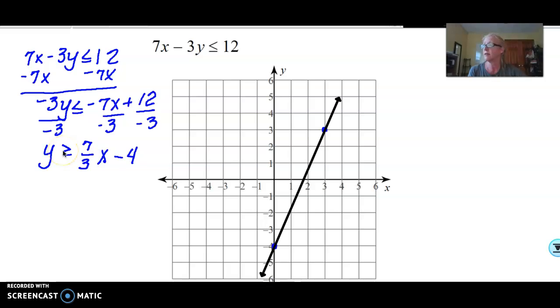Because it's greater than, we know that we need to shade, sorry, my cat's going crazy. We need to shade above the line. So it's kind of leaning toward vertical, but you can kind of tell that this is the above the line. And so let's try that test point of 0, 0 and see what that does for us. Oops, I need a pen.